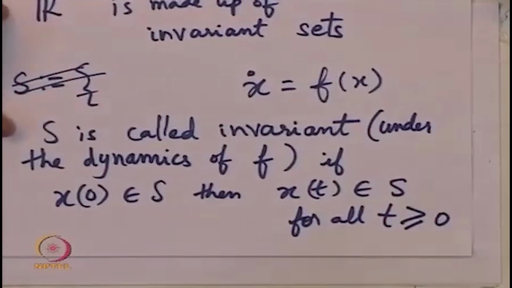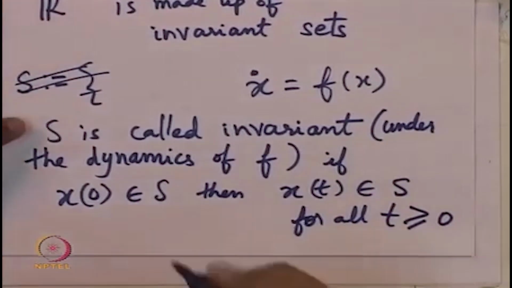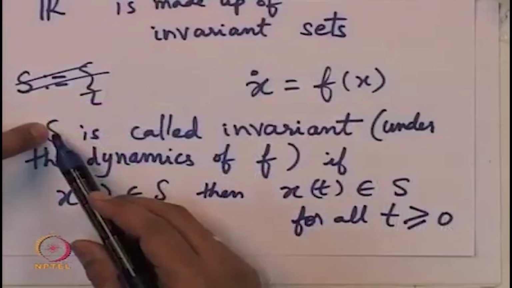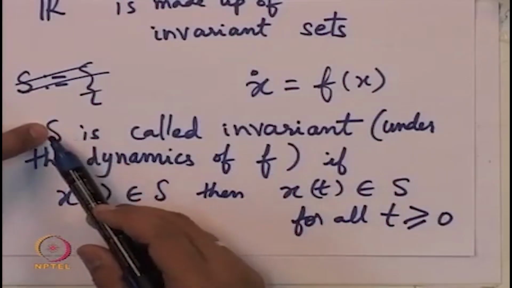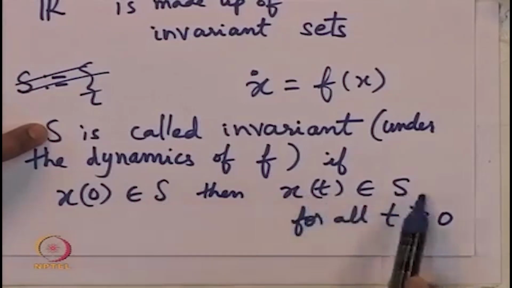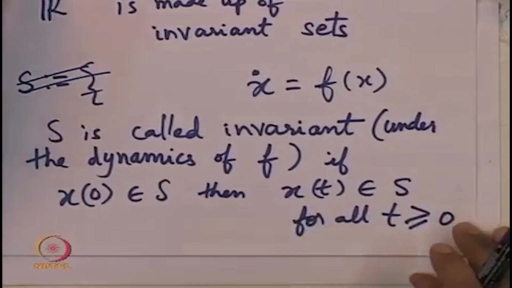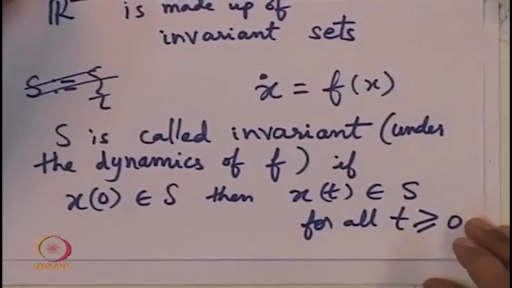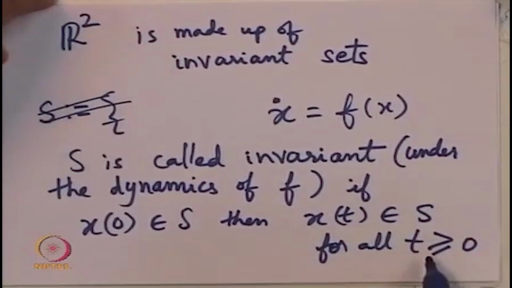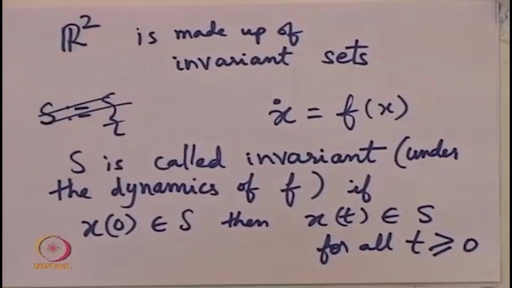So, that is the significance of an invariant set, that a set S, which could be a subset of the plane R2, or it could be the plane R2 itself, it is said to be invariant if the initial condition is inside S, then the entire trajectory is inside S for all future time. Hence, this is also called a positively invariant set. What is positive about it? Because we are interested only for positive values of time t, x of t is inside S.